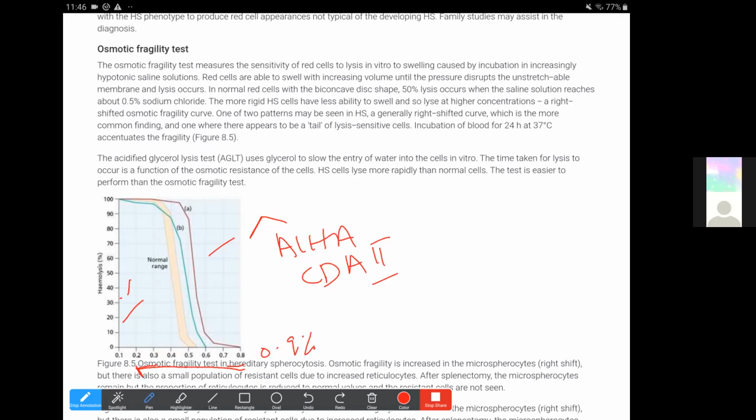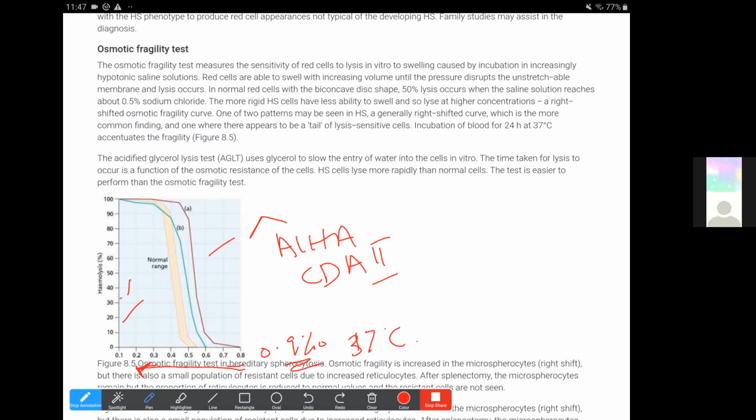They have to be incubated at 37 degrees centigrade. The ambient temperature for this is 35 to 37 degrees centigrade. This incubation at this temperature in saline solution of increasing hypotonicity, or we can say decreasing osmolality.